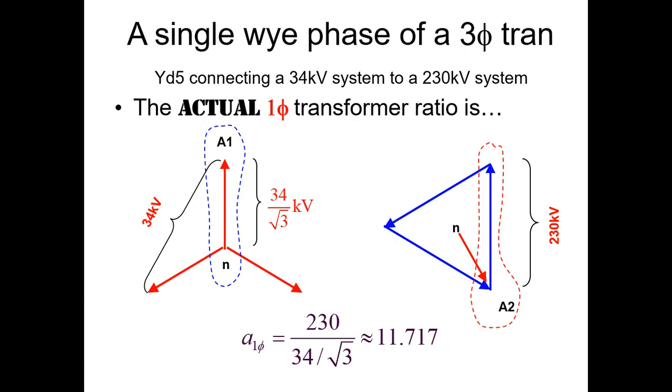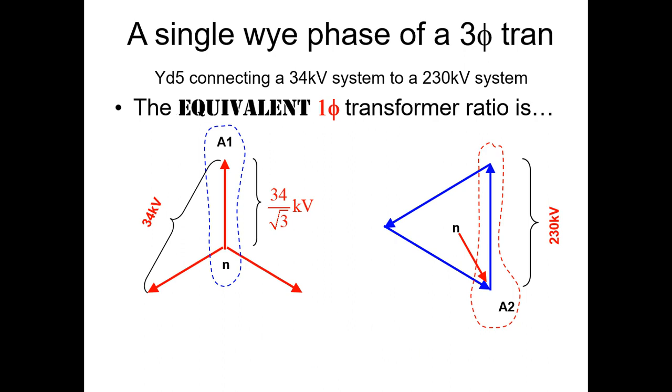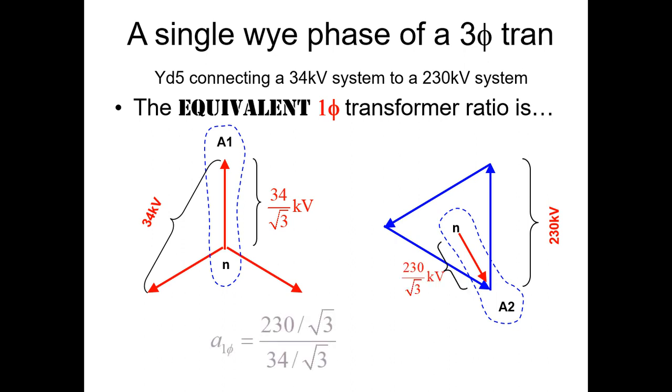That is the ratio of each one of the physical single-phase transformers. But that is not what we need, not at all. What we need for the equivalent single-phase transformer is a ratio between this voltage and this one here. Between 34 divided by root 3 and what is this? 230 divided by root 3. That is the ratio that we want for the single-phase transformer that will represent that combination in a three-phase one-line diagram, 6.765.